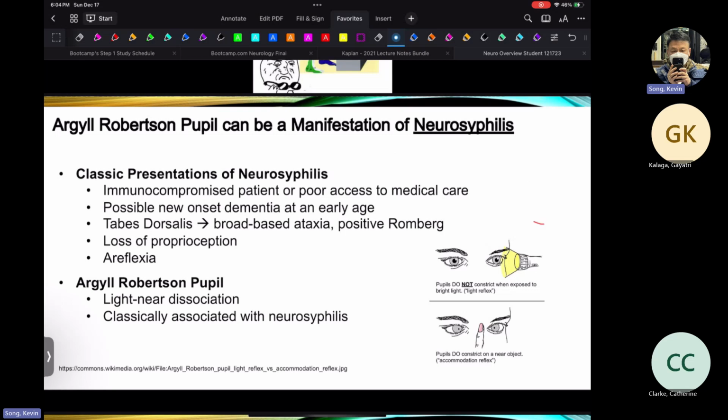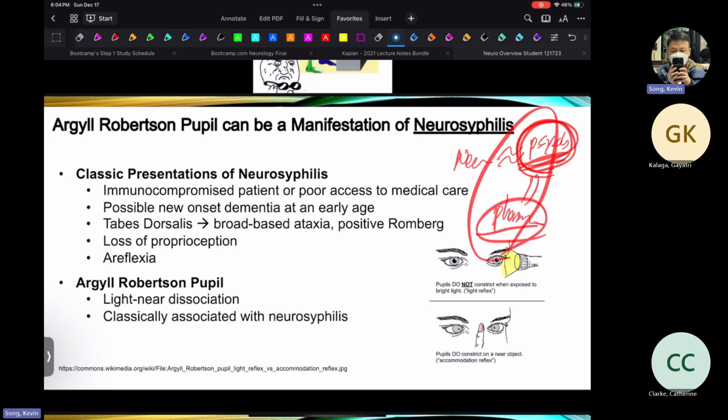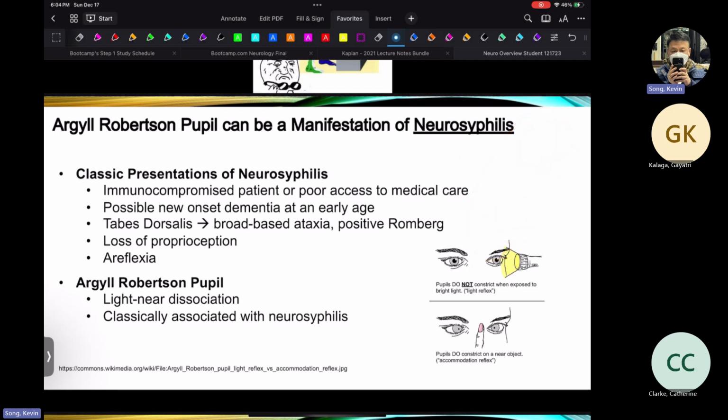Pharm is also heavy, because neuro is very related to psych. Psych is always pharm. Psych is pharm basically, so very, very important. Now, every time you see some new disease, symptom, or syndrome, you have to try to capture the keywords.